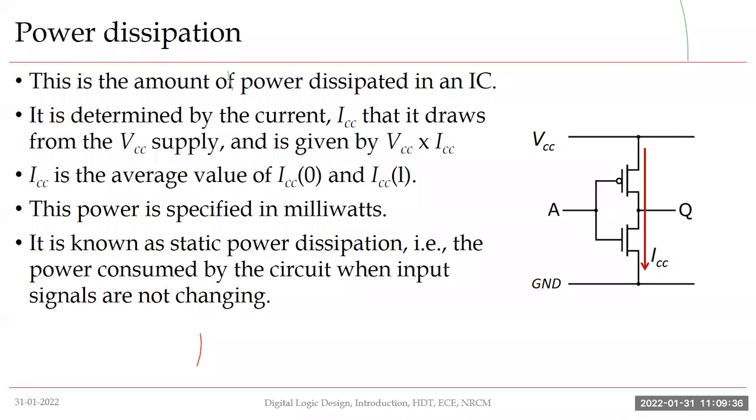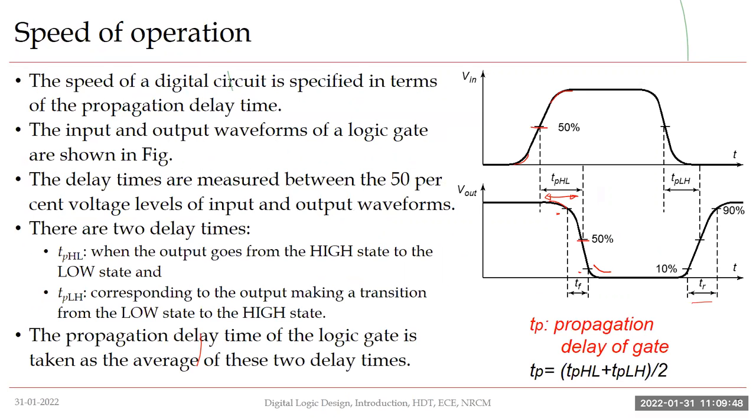For ICs, we are considering here the static power consumption, the final state values. That means whatever power is consumed when the device has settled. If I compare with our previous circuit, here the values are changing, and we are not considering the power consumption during these periods.